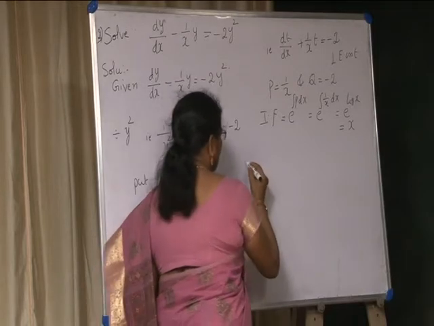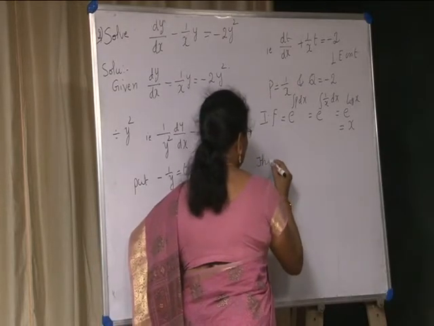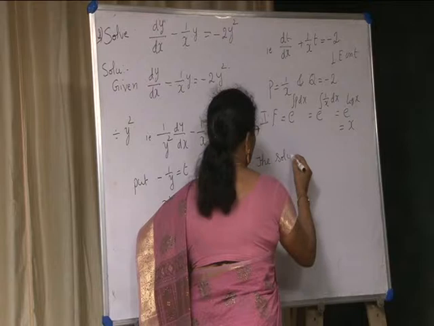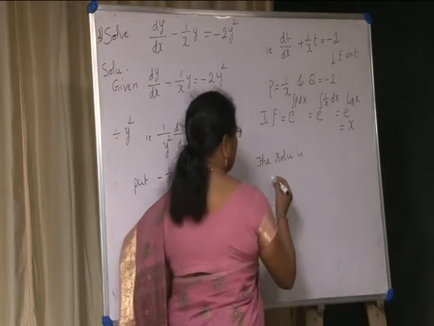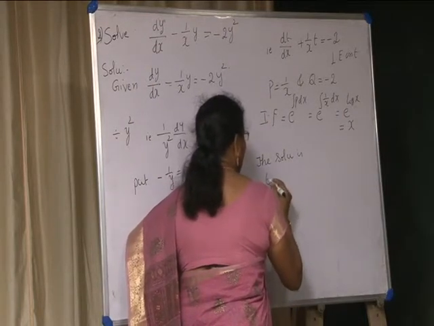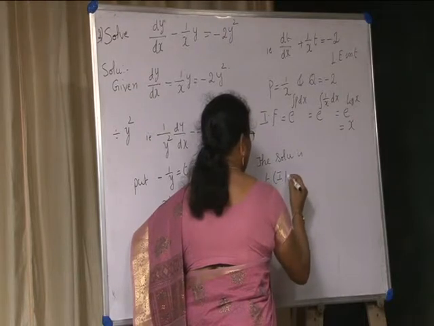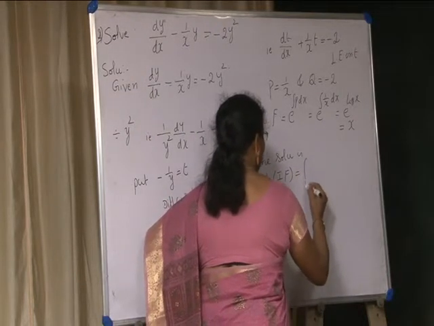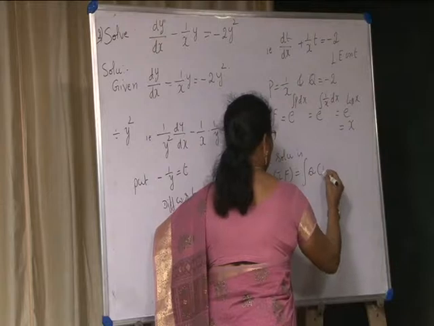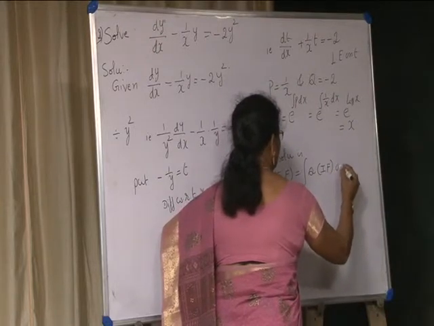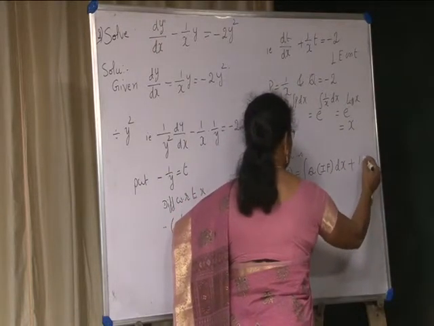Therefore, the solution is t into the integrating factor is equal to the integration of q into the integrating factor with respect to x plus k.